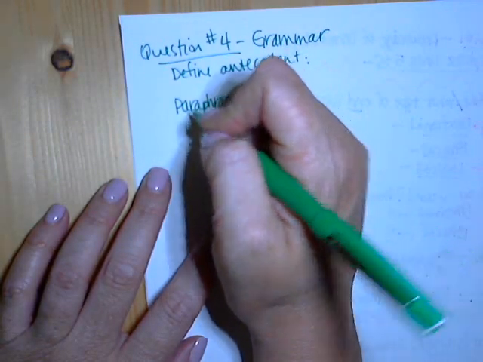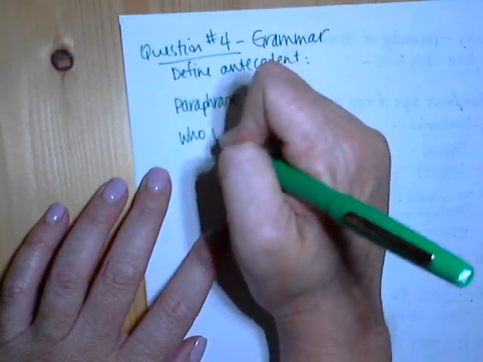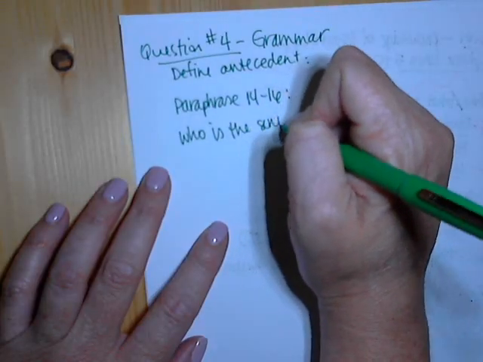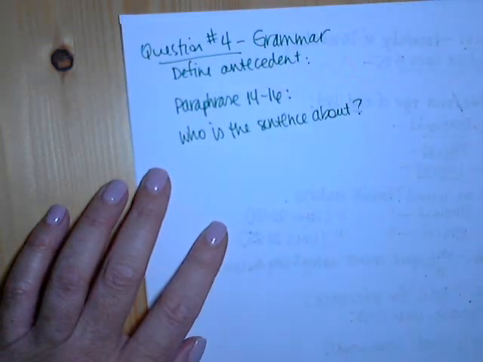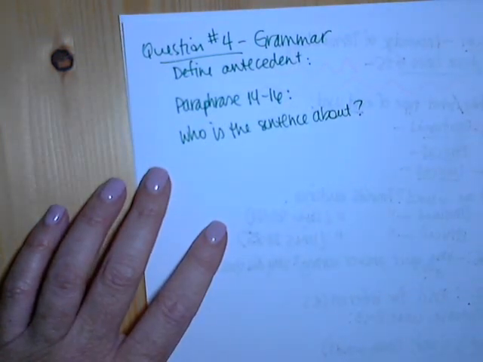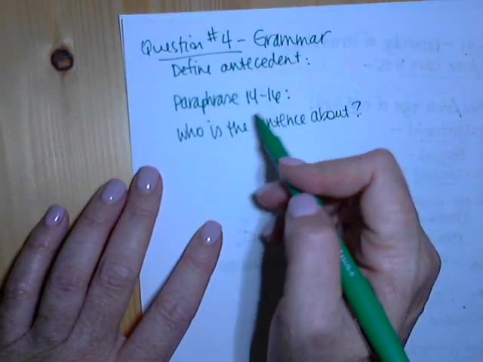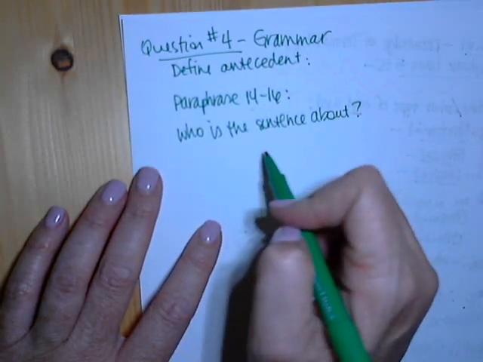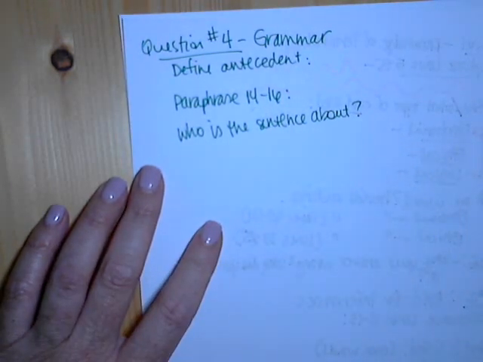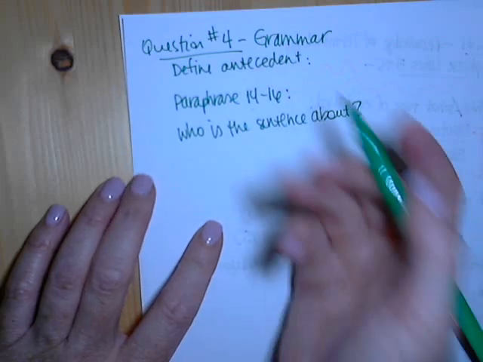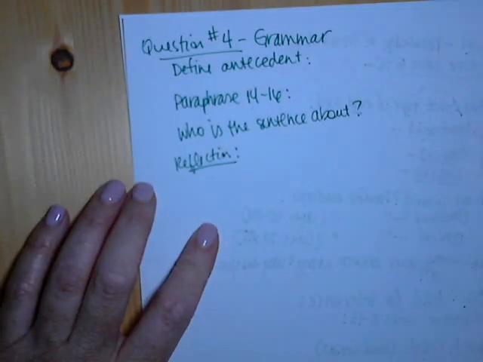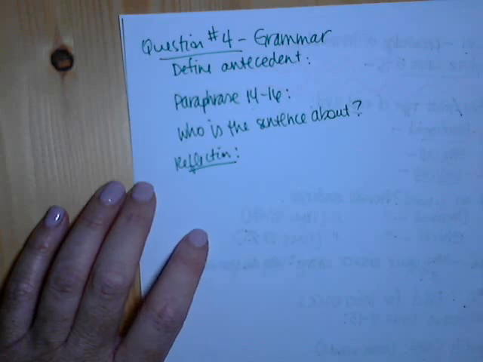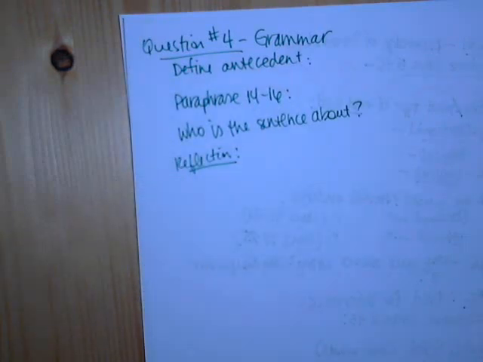To understand who the antecedent is about, then I need to basically say, who is the sentence about? Because in that, what the antecedent would do is to rename it, right? So then I need to look back and say, okay, lines 14 through 16, who was I talking about here? That's usually going to be the antecedent. Okay? And then reflection.